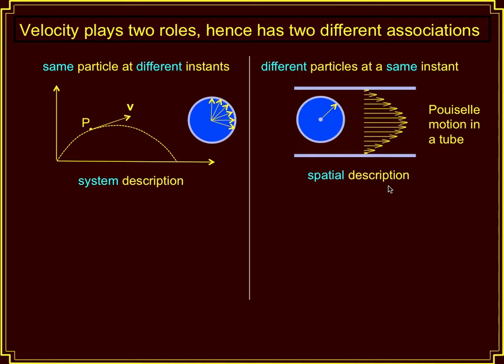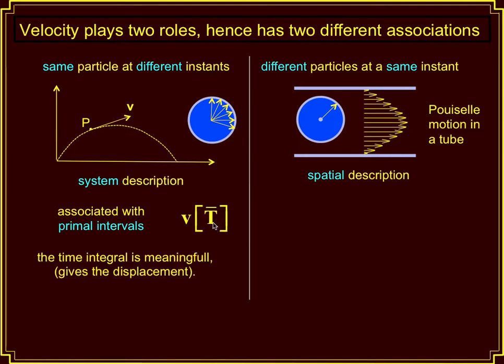As you see, such two descriptions exchange many time instants with one time instant, and one particle with many particles. Here you see the association with time intervals endowed with inner orientation.